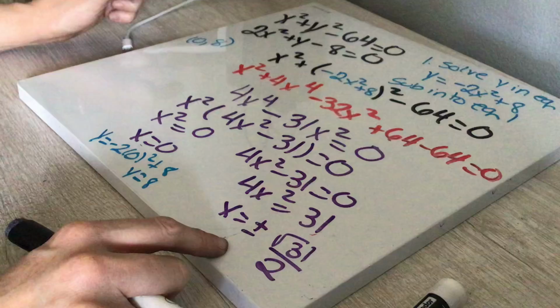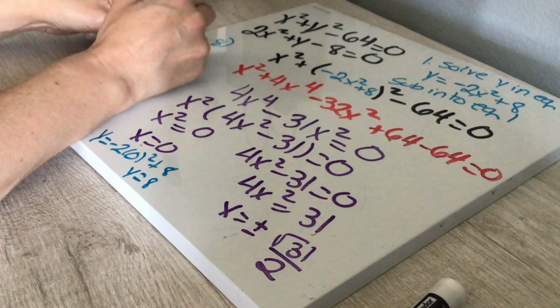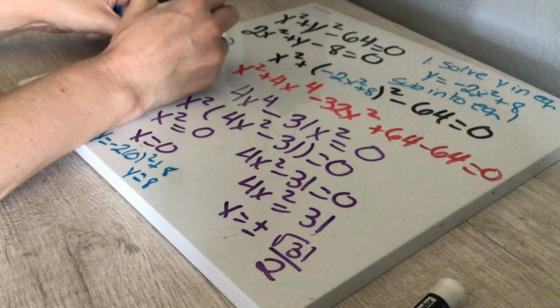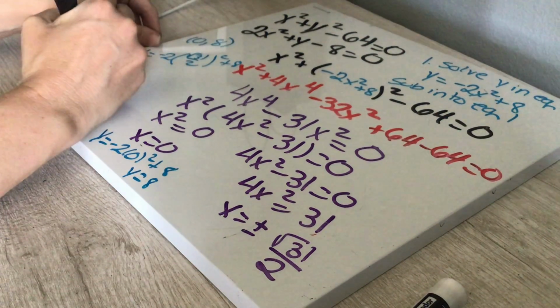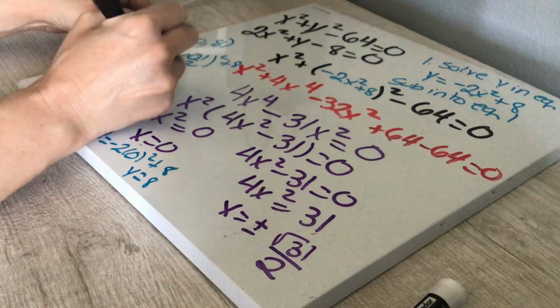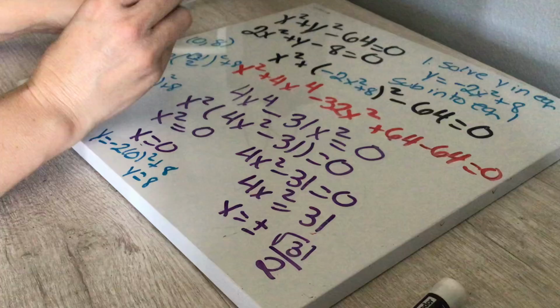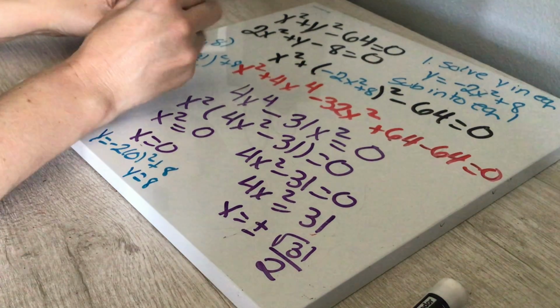Then do plus here or minus. So we get y equals negative 2 times square root of 31 over 2 squared plus 8, and negative 2 times negative square root of 31 over 2 squared plus 8. So I get negative 7.5 for both of them.